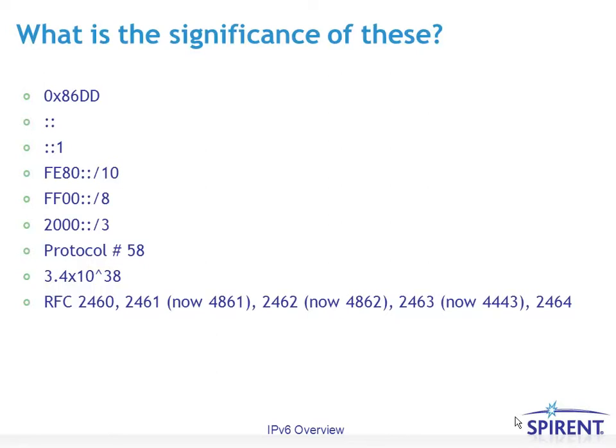RFC 2461 is the specification for IPv6 neighbor discovery, which is similar to ARP with IPv4. 2462 is SLAAC, the stateless address autoconfiguration description for IPv6. RFC 2463 is the specification for ICMP version 6. And RFC 2464 is the specification for carrying IPv6 packets over Ethernet.